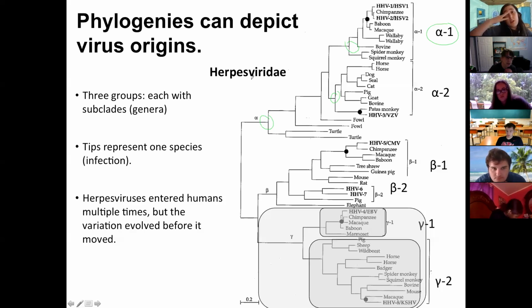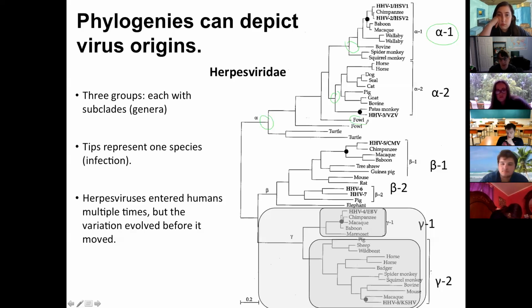Yeah, Madison. Why are the turtles and the fowl not included? And mouse and rat and stuff, they're kind of left out of these different groups? My guess is that they belong to a different group of beta viruses and alpha viruses. There's two possibilities here.